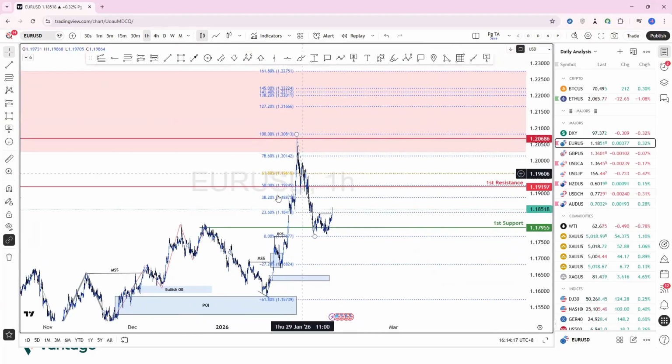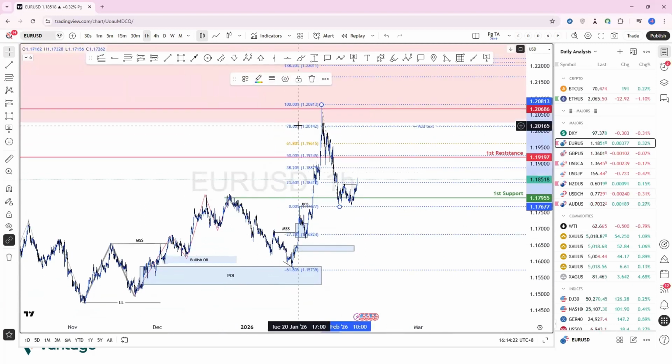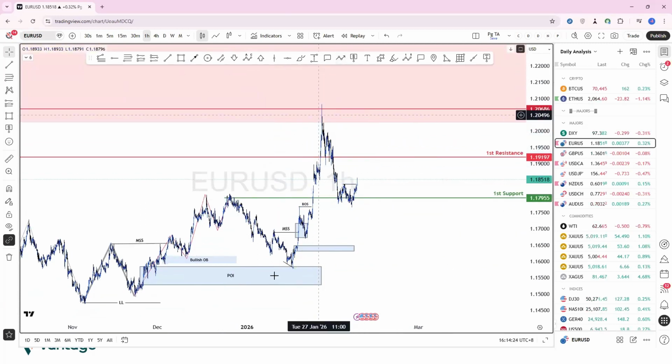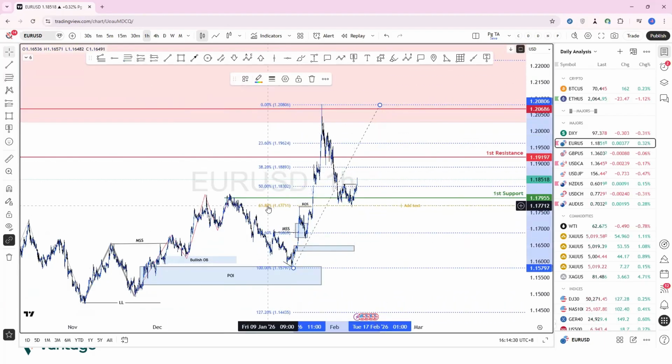So basically, you're going to look here based on this swing high and swing low. This one we have the 61.8%. So basically, this is our buy zone. Okay, buy zone here.